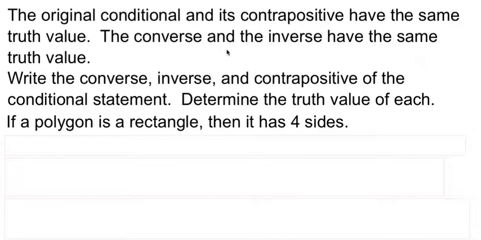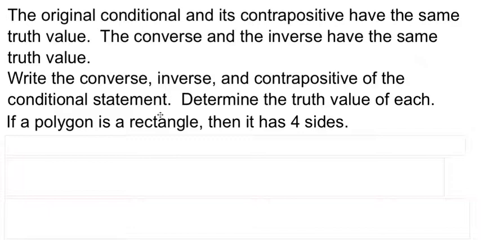So let's do one of these, give you a little practice here before we sign off for the video. Our conditional statement is, if a polygon is a rectangle, then it has 4 sides. I think we'll all agree that that statement is true. If I'm looking at a rectangle, then I can see it's got 4 sides, so that would be true.